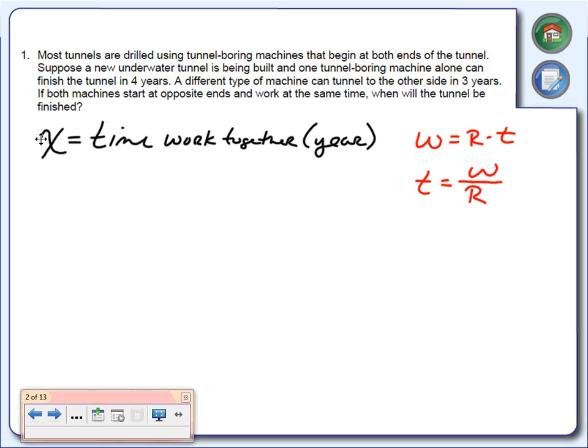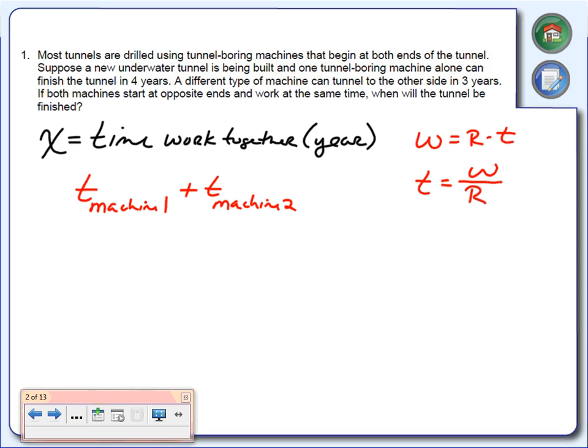We're working together. So we got the time it takes for machine 1 to dig this tunnel. We're going to add to that the time it takes for machine 2 to dig this tunnel.